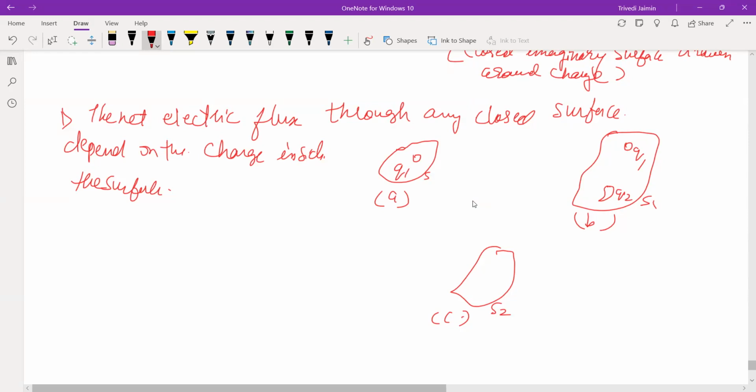So for surface S1, it is Q by epsilon naught. For S2, it is Q2 plus Q1 by epsilon naught. And the third surface is 0 because no charge inside.